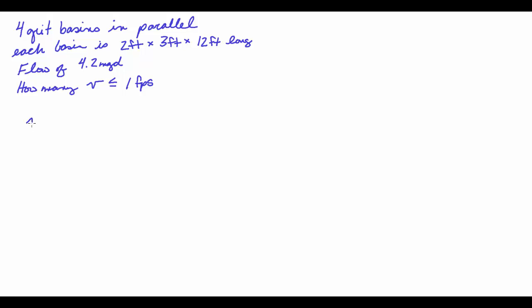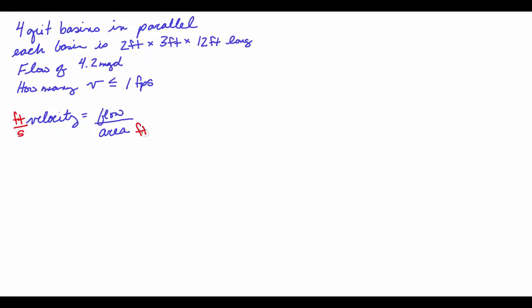Okay, so we're going to do velocity is equal to flow divided by area. Now, going back to the units, velocity is going to be in feet per second. Area is going to be in square feet.